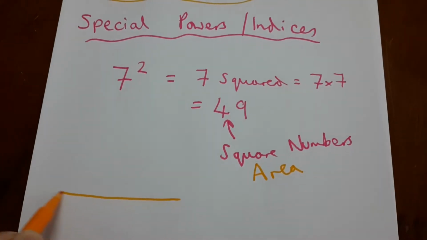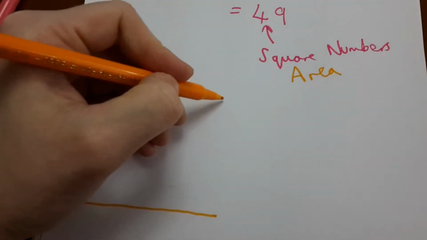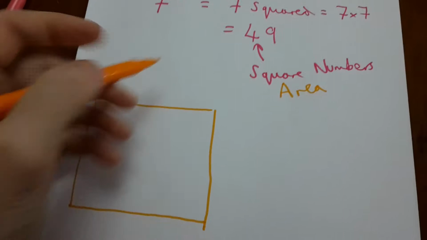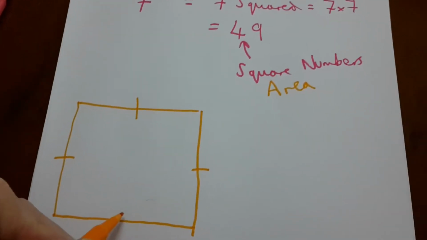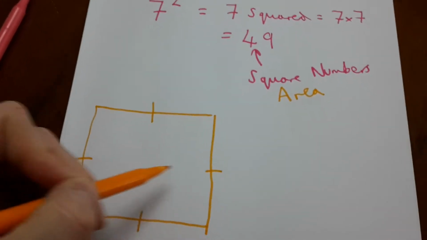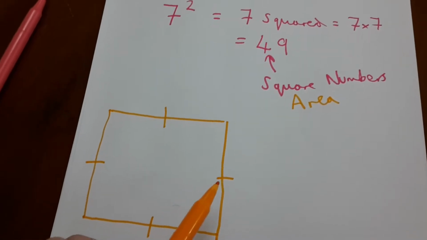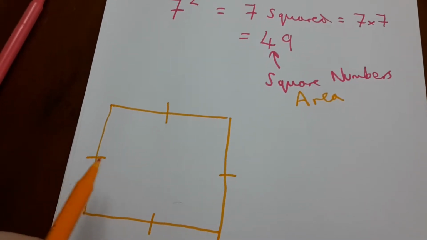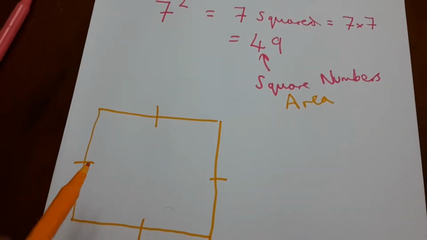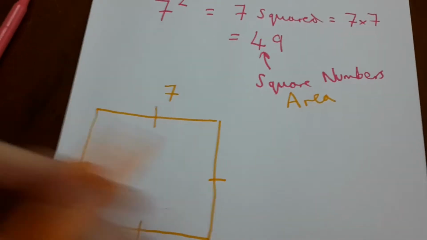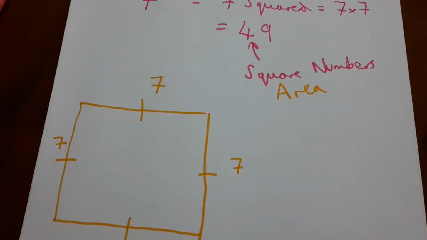So for example, in this case, it'll take me a little while to draw. If I have a square, all sides are the same length. And we show this with a line. A line on each side shows that they're all the same length because we would measure a line with a straight length. So if this is 7, this will be 7, this will be 7, and this will be 7.